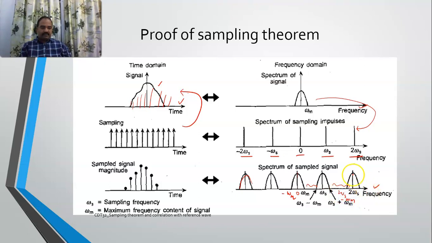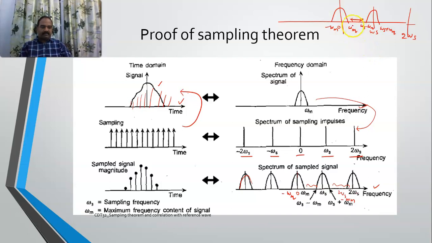For your understanding, I'll write it like this: this is 0, this is omega s, this is minus 2 omega s. So your signal is this one, omega n, minus omega n. Here also omega s plus omega n, omega s minus omega n. There must be sufficient space between these two.